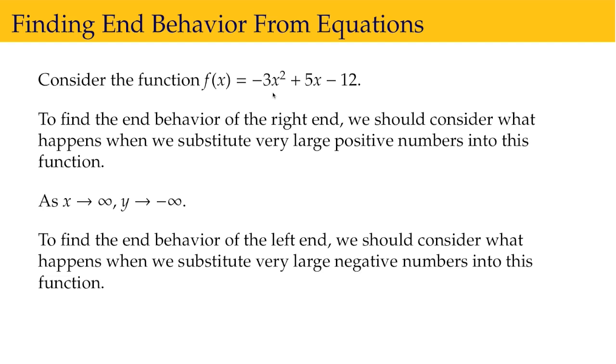You'll hear this sometimes referred to as the dominating term. Well, if I substitute something large and negative in, I'm squaring it, so I'll end up with something very large and positive. Then I multiply by negative 3, and I'm going to end up with something that's negative. So as x approaches negative infinity, y is going to approach negative infinity.